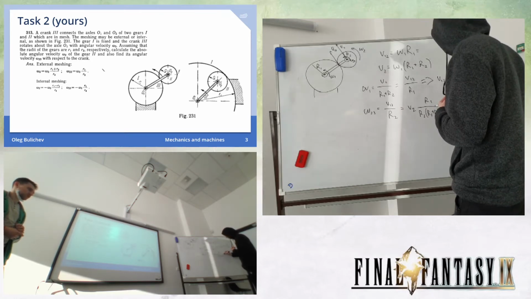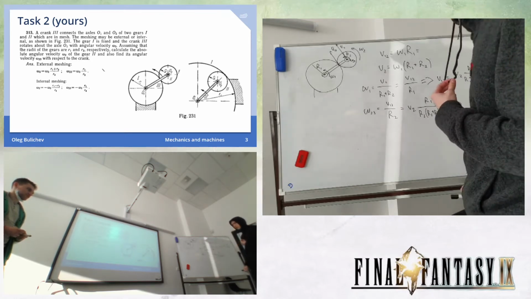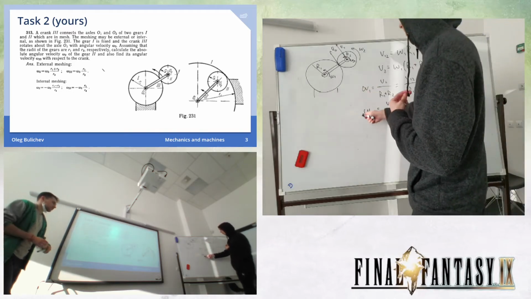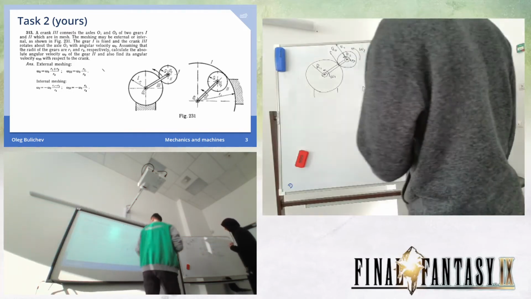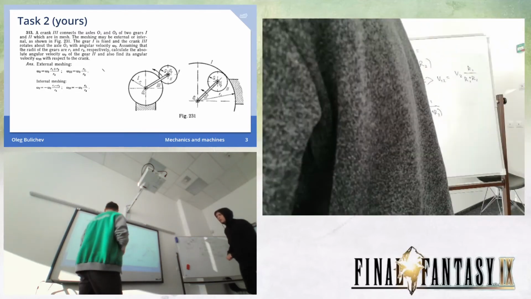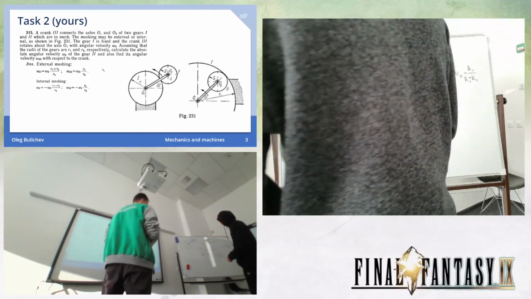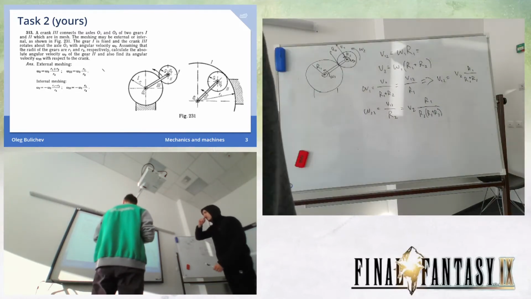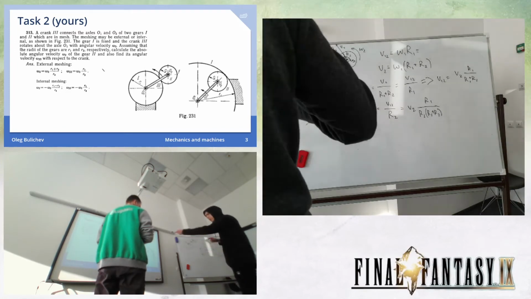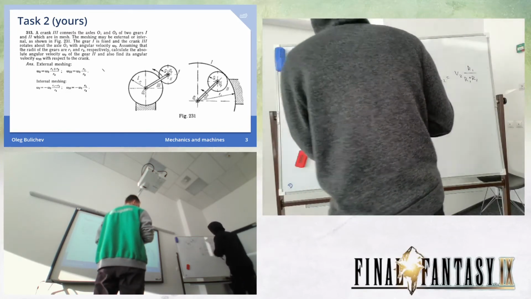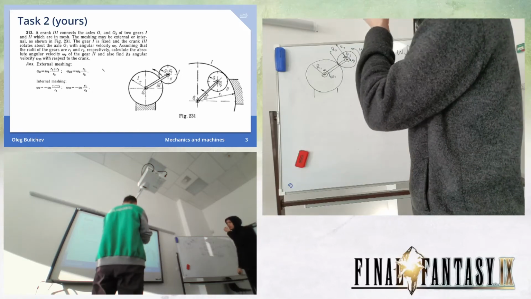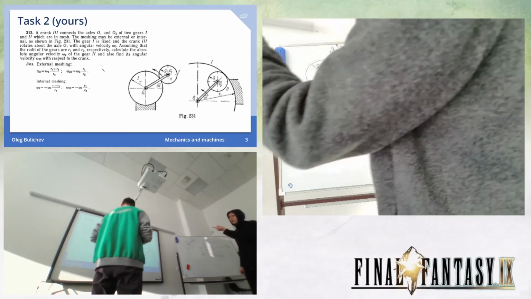What are you doing? You already solved the task. We need to find V23 and V2. I think you solved the first part and something went wrong. Omega 3 is written here. In your case it's omega 1. What is omega 3?